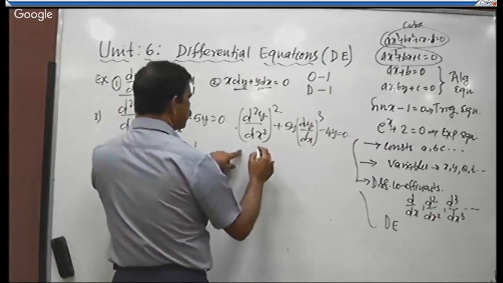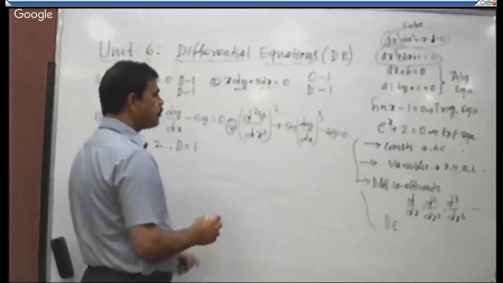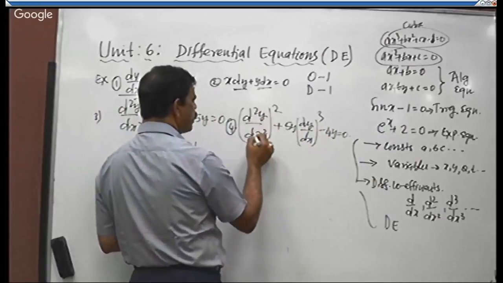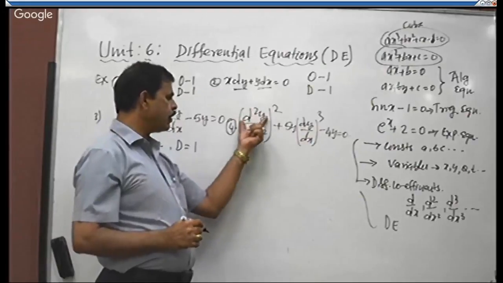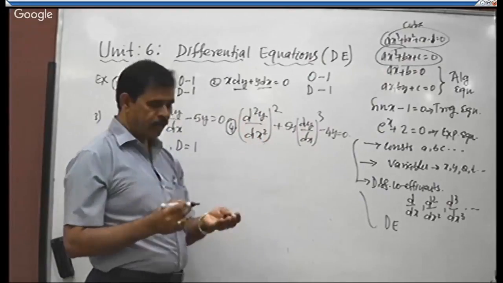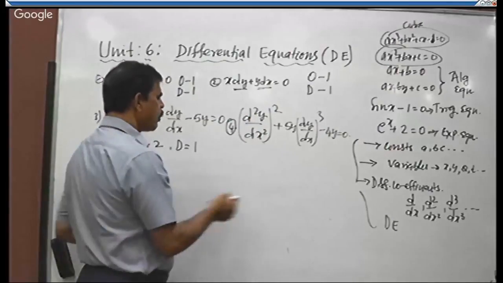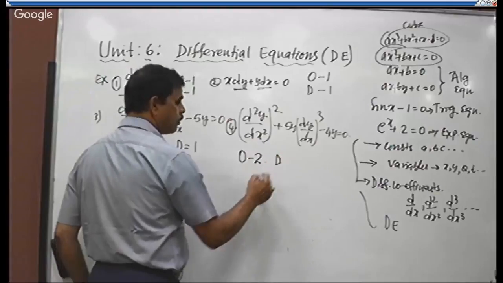Next, when we come to the fourth equation, this is having dy by dx as well as d square y by dx square. dy by dx is first order, d square y by dx square is second order, which is the highest derivative. Therefore, what is the order of the differential equation? Order is 2. What is degree?